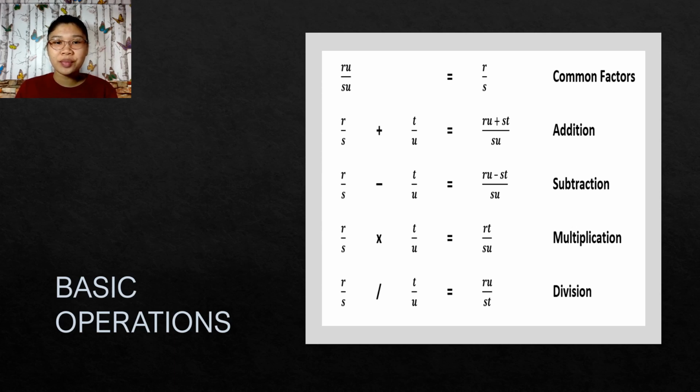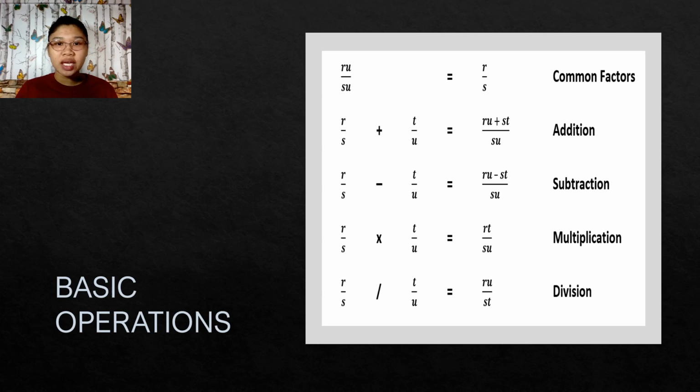In such a case, your answer will be R over S, since you may omit U. And then in addition, we have R over S plus T over U, that is equal to RU plus ST over SU. For subtraction, we just need to change the sign from addition to subtraction. So it is almost the same process for addition and subtraction. You just have to take note of the addition sign and the minus sign.